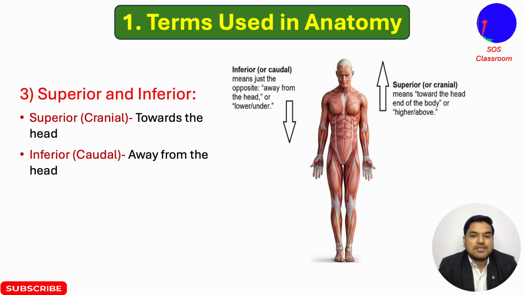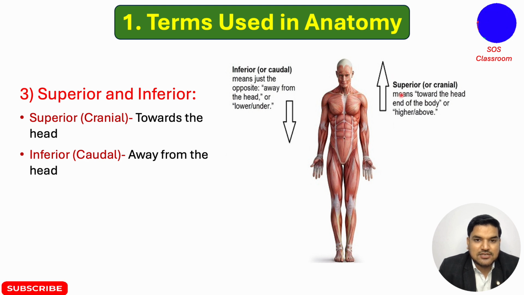The next terms are superior and inferior. These are medical terms. Superior, another name is cranial, and inferior is caudal. You can see this is the anatomical position, and the superior portion means toward the head side.